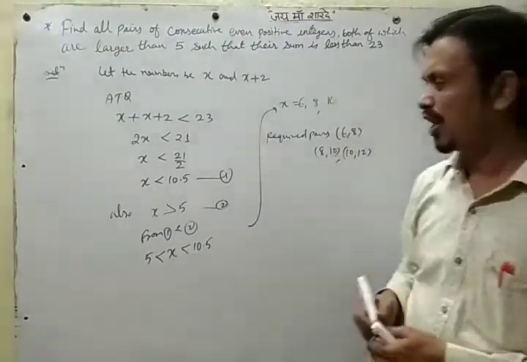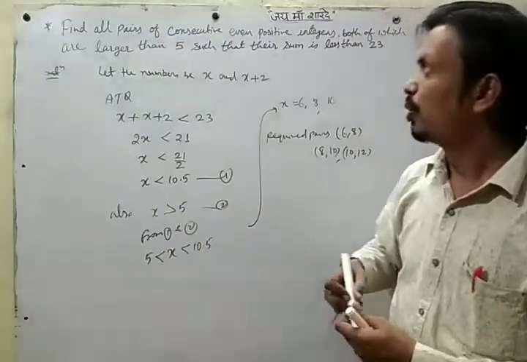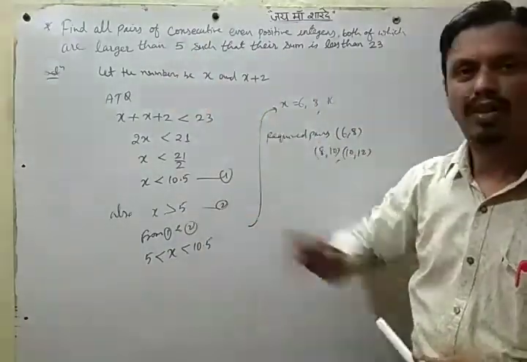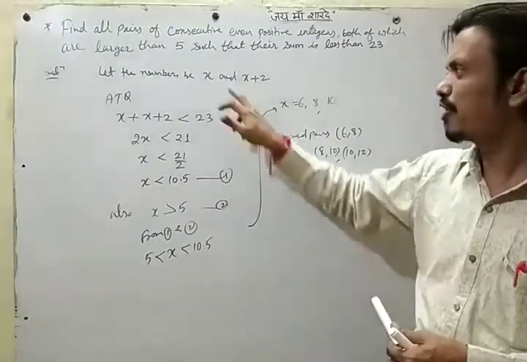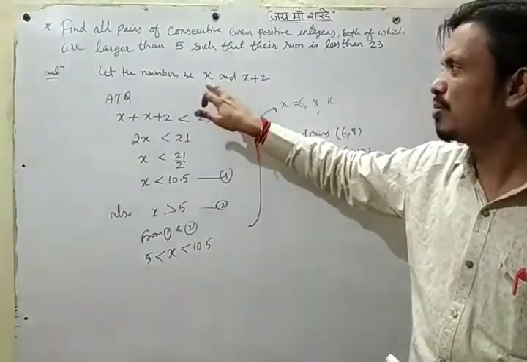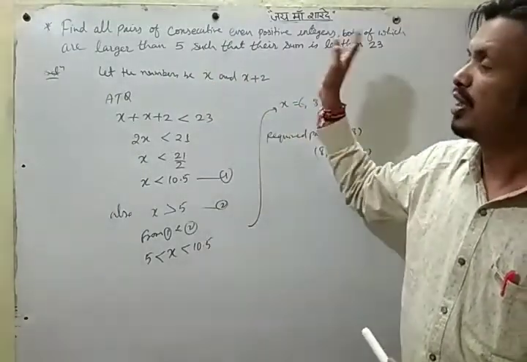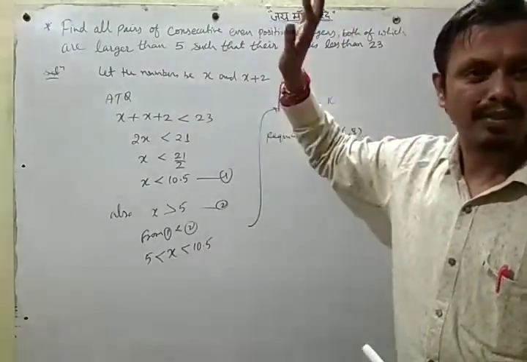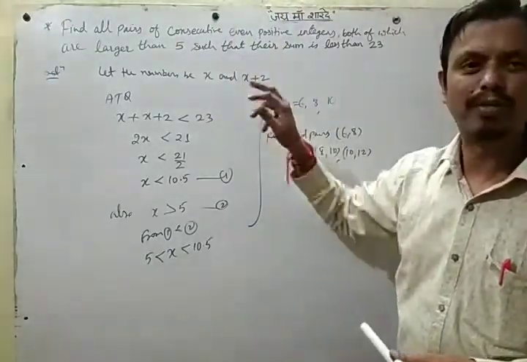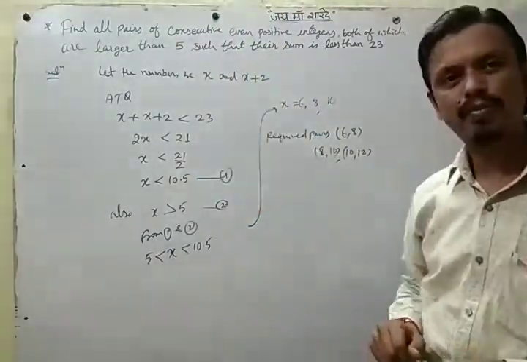So be careful here: if both are larger than a given number, we take the smaller number, because then definitely the other will also be more than that given number. And if it is given that both are smaller than 5, then in this case we take the greater number. From that greater number we make an equation.